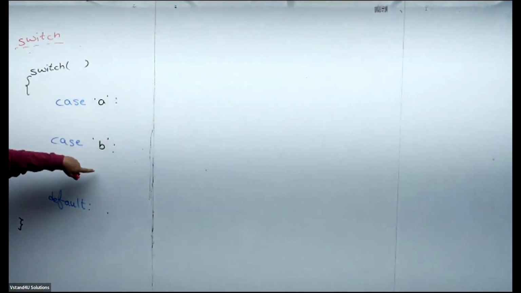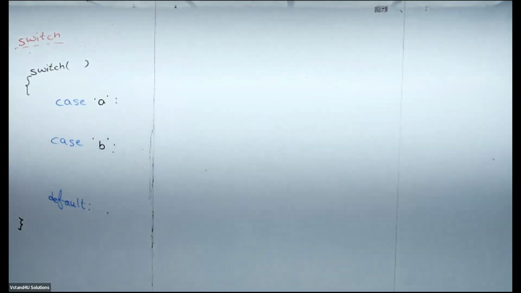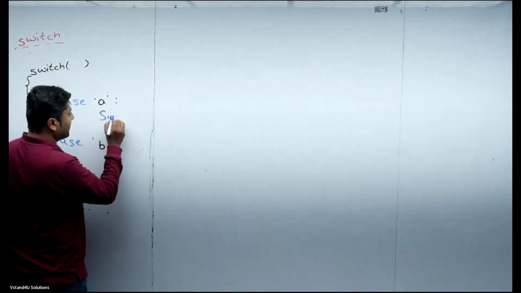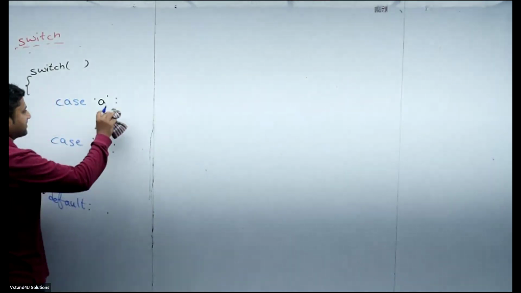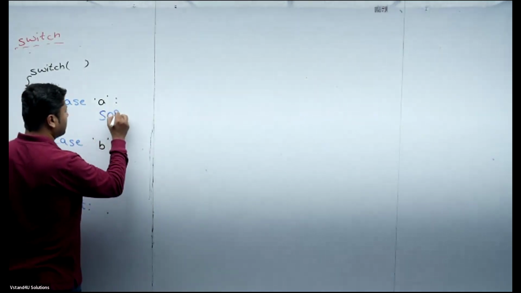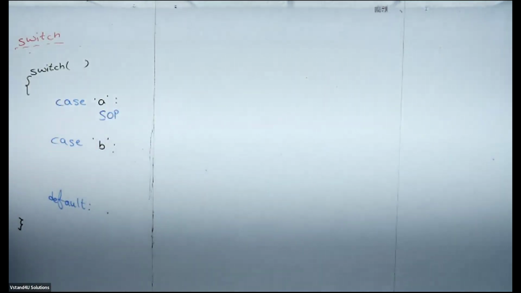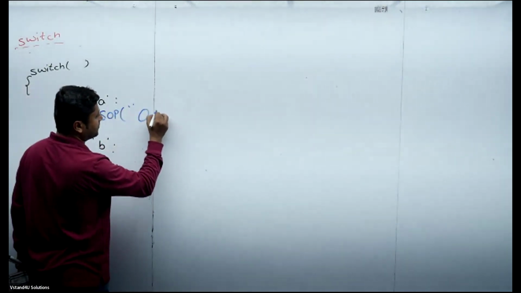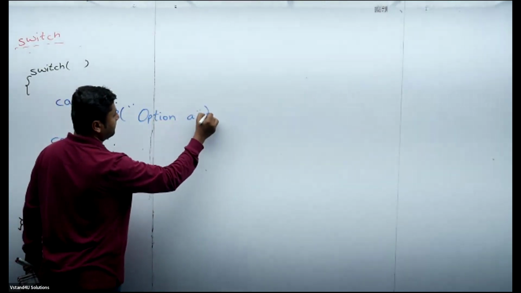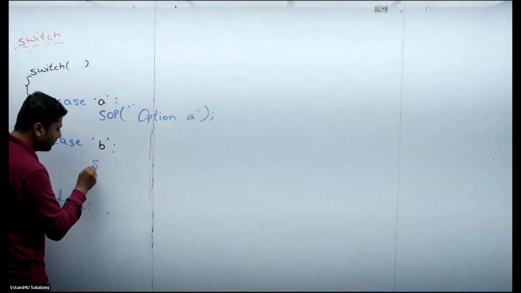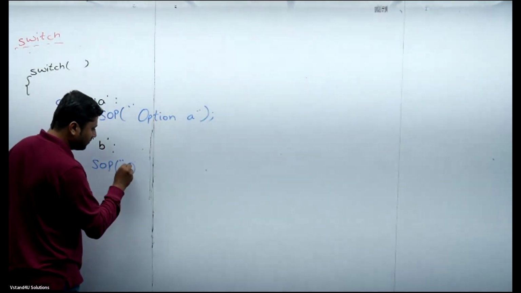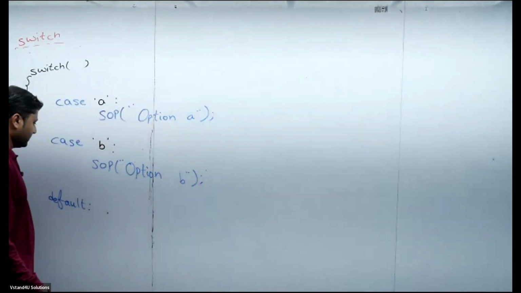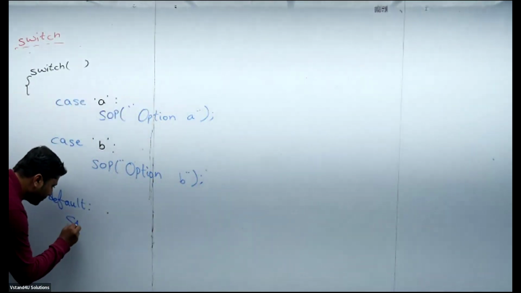What all possible values are there, that we need to identify. Say, for example, SOP, I hope you understand SOP very well? SOP of option A, suppose. Option A. Here I will say SOP of option B. Am I clear? And then say invalid option.